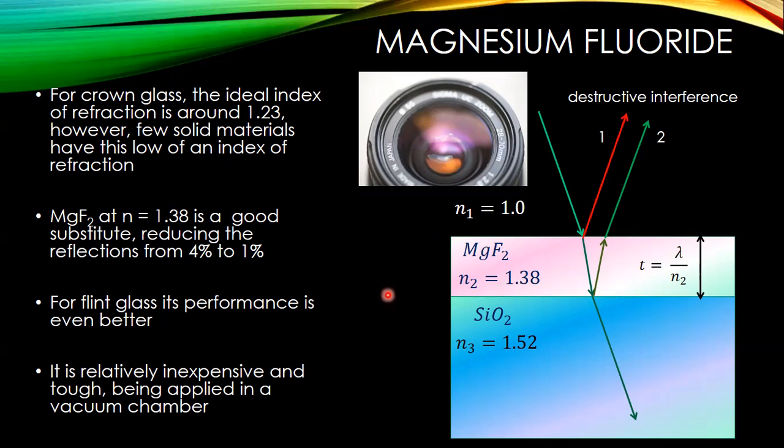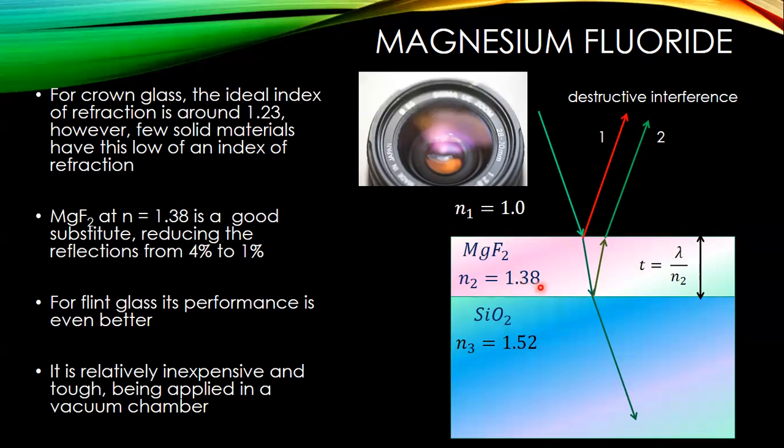Now, ideally, we want a material which is about 1.2 for an index of refraction if we're using crown glass. That will make the reflection of 1 and 2 equal. However, the best that we can do is really a material known as magnesium fluoride, which is a fairly tough material that we can coat these with, which has an index of 1.38.